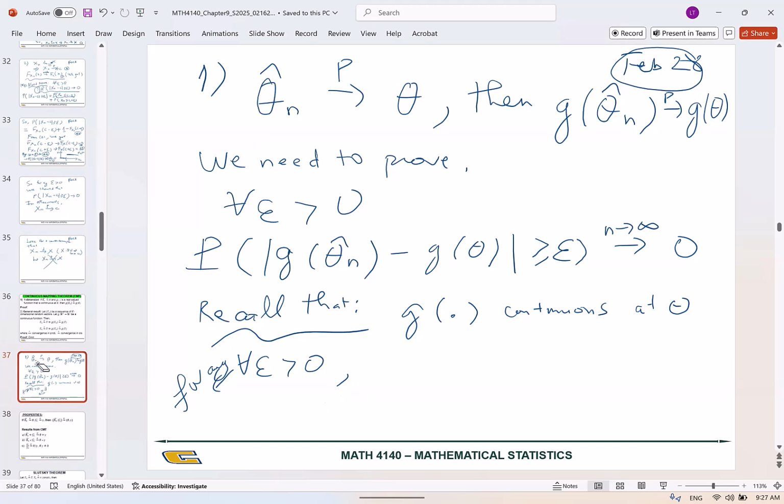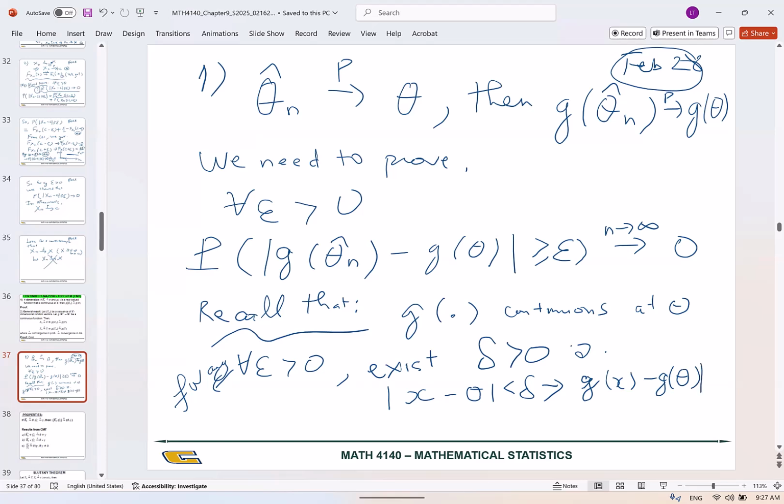So there exists a delta, delta positive, such that if |x minus theta| is less than delta, then |g(x) minus g(theta)| is less than epsilon.